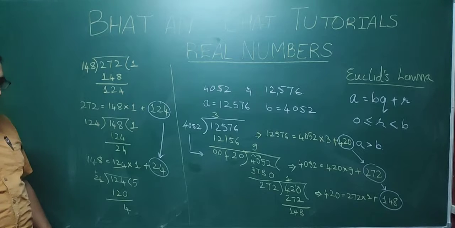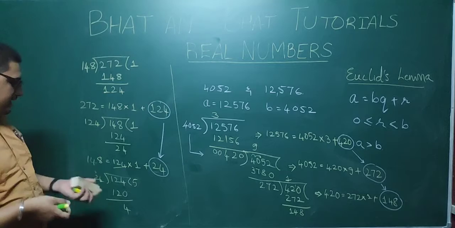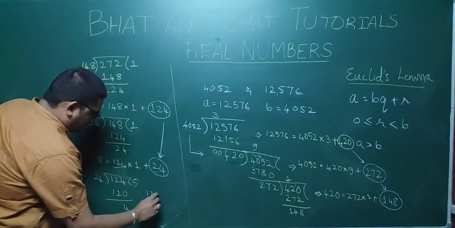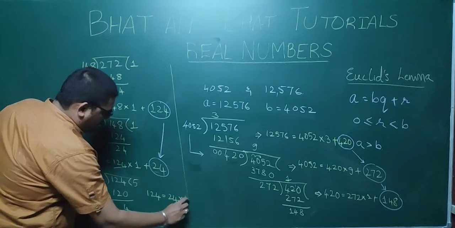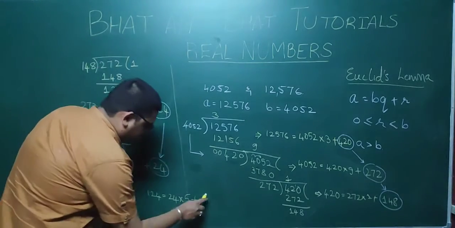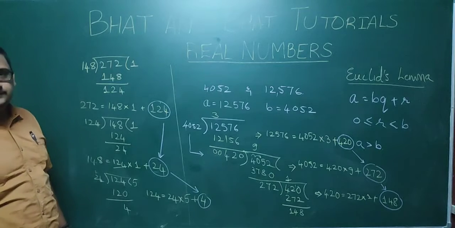So I think I will be completing in my next step. How do I conclude that? See, if I convert this into a lemma statement, I will get it like this. 124 is equal to 24 into 5 plus 4. Correct?